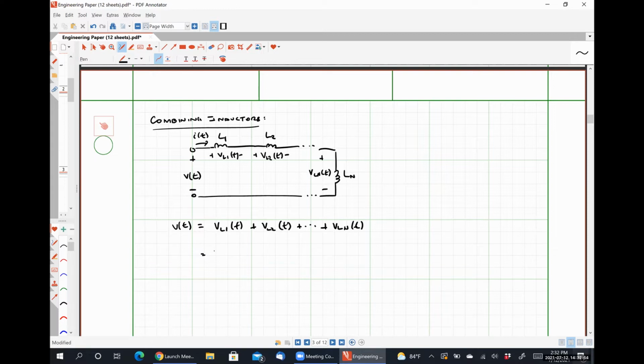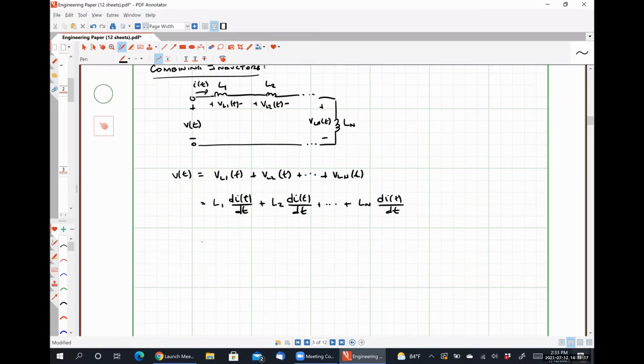So that VL1 would be L1 di by dt, VL2 would be L2 di by dt, and VLN would be Ln di by dt. And then I can group all of my like terms together.